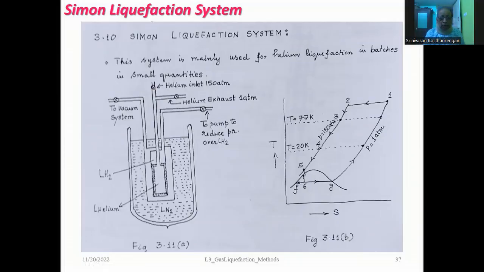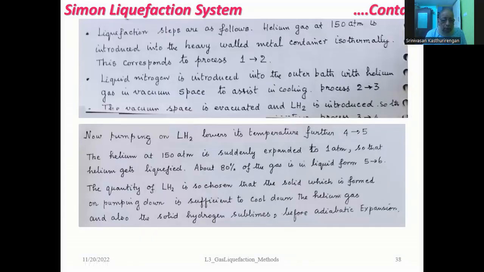So helium is now isentropically expanded. It drops from 5 to 6, thereby producing liquid helium in small batches in this container. So helium is collected here, and this helium is useful for small experiments.